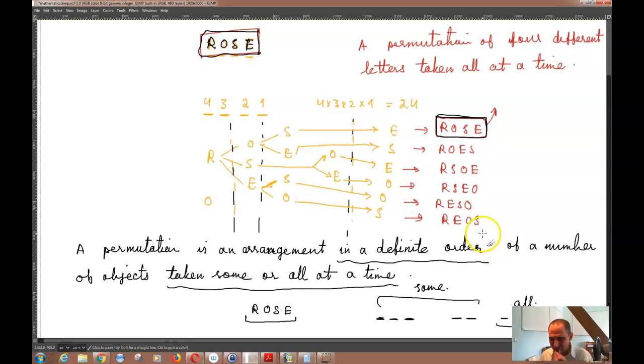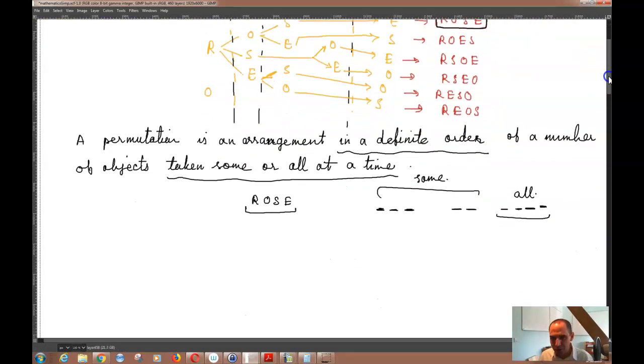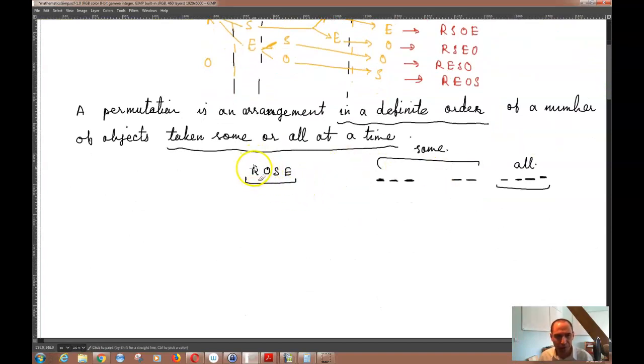And I suppose a question has arisen in my mind: can you make 5-letter words using 4 letters, of course without repetition?